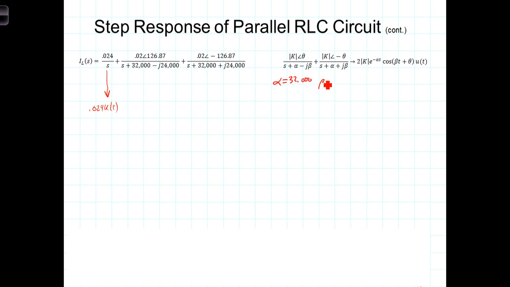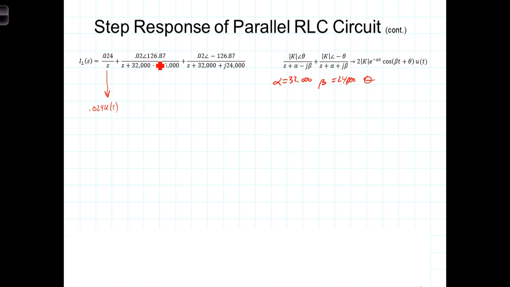Beta is the value in front of the imaginary part, the coefficient of the imaginary term. In this case, beta is 24,000. And theta is the theta associated with the constant over the positive root, or the factor associated with the positive root.